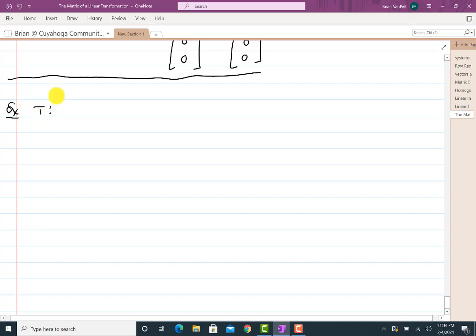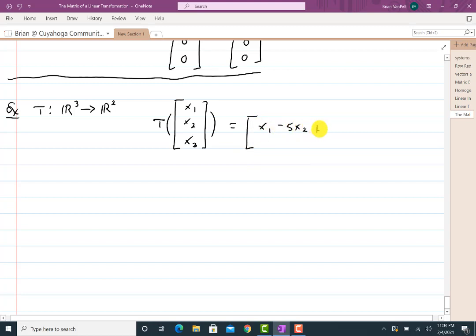Let's try another one of these things. Here, the formula that I'm going to give you looks like the following. T of x1, x2, x3 equals x1 minus 5x2 plus 4x3.